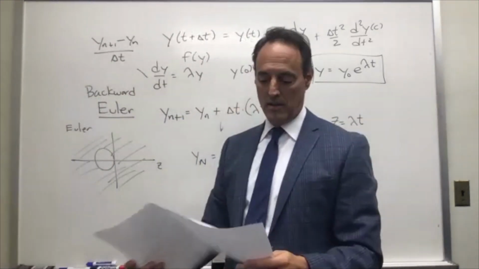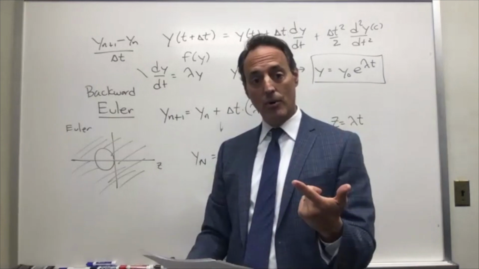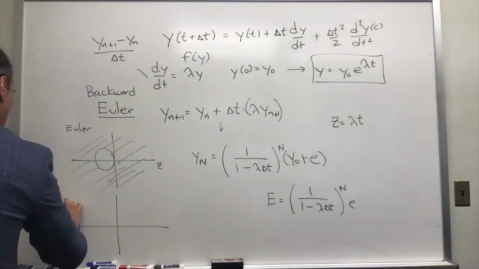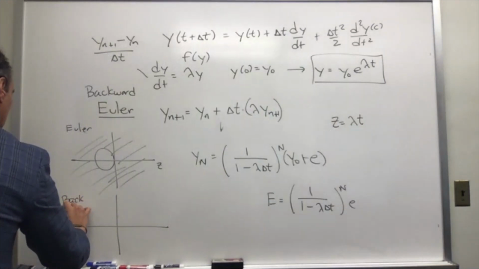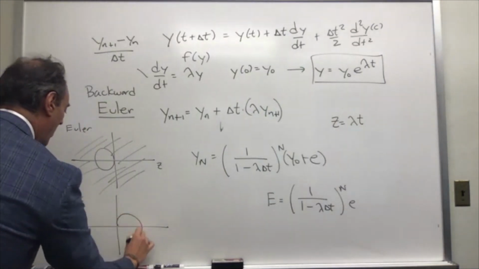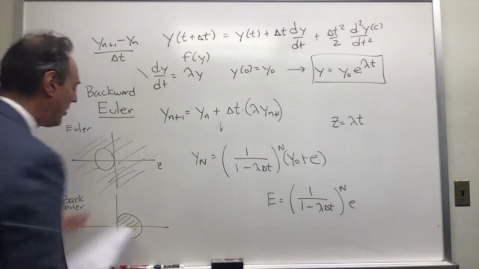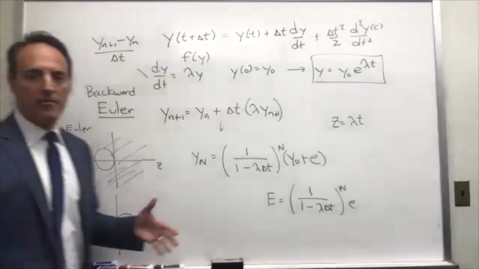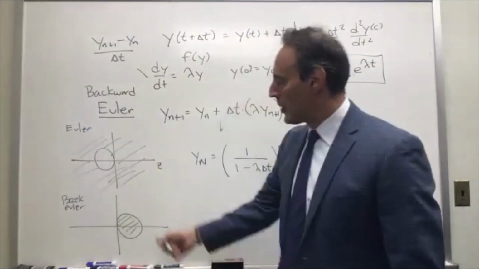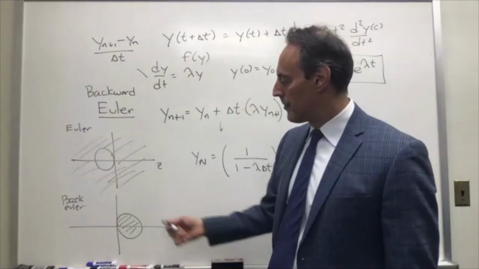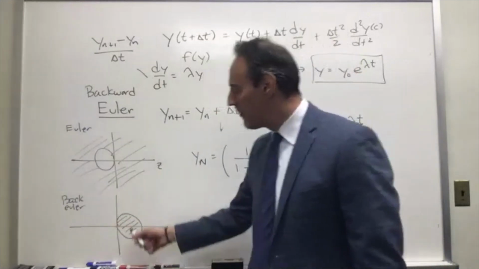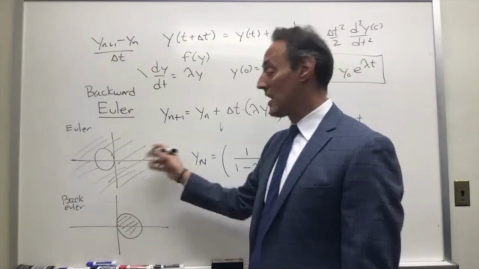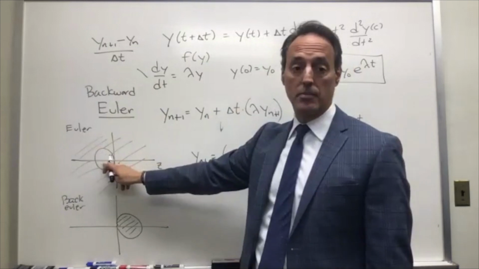Whereas for backward Euler, there's a small ball where it's unstable and it's stable everywhere else. So if you're going to pick a scheme, backward Euler is stable almost everywhere except a small region, and forward Euler is unstable almost everywhere except a very small region.